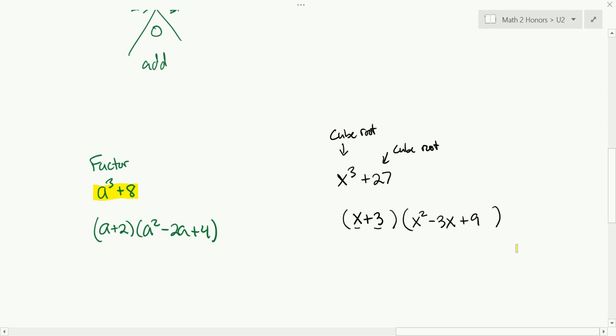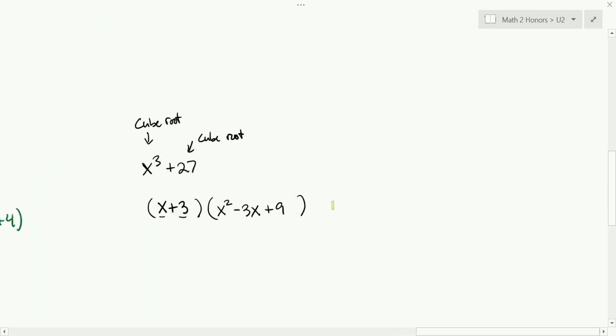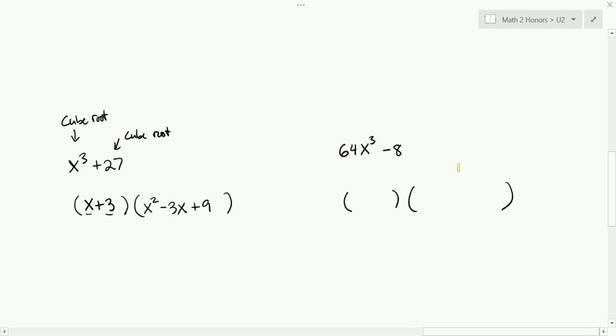But hold your thought. Let's look at another one real quick. What if I had this? 64 x to the third minus 8. The difference of 2 cubes, but it's going to work the same way. We got 2 terms times 3 terms. Anybody guess what the 2 terms are? Let's work with that. Luis. Sue?